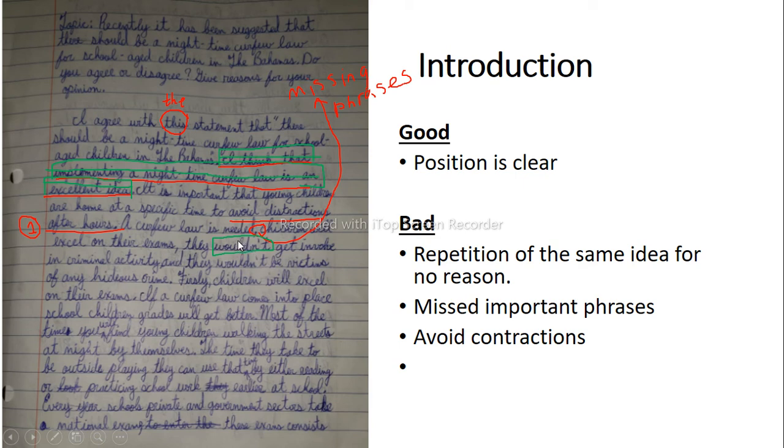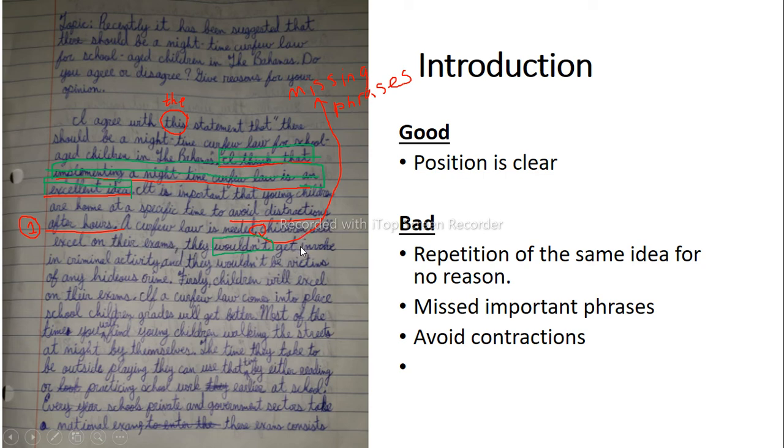Okay? Alright. So the first thing that they mentioned is that it's important that young children are home at a specific time to avoid distraction after hours. A curfew law is needed because children will excel in the exams.